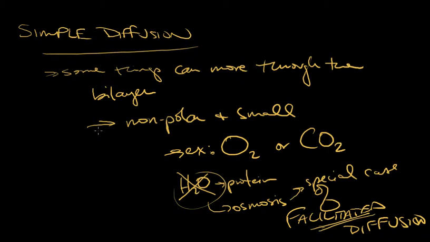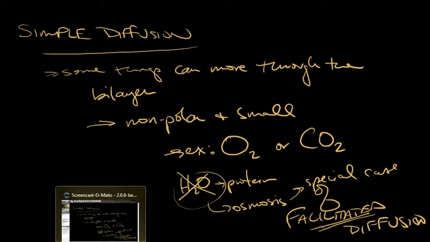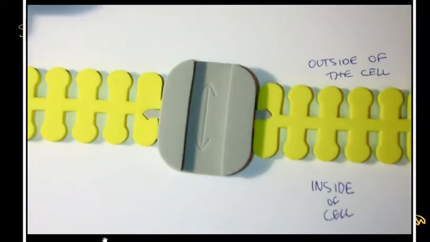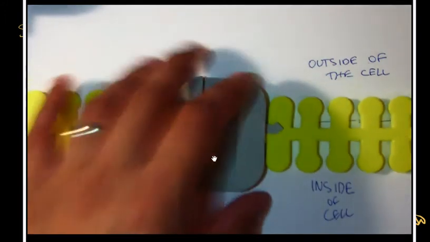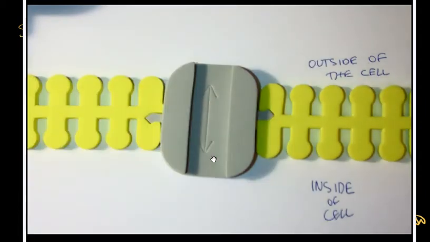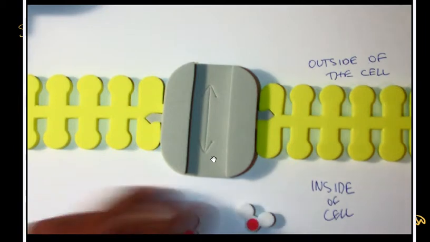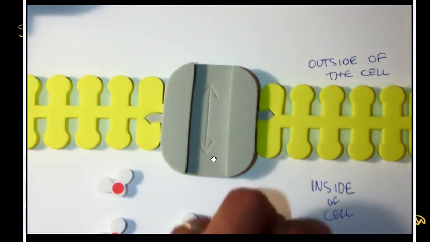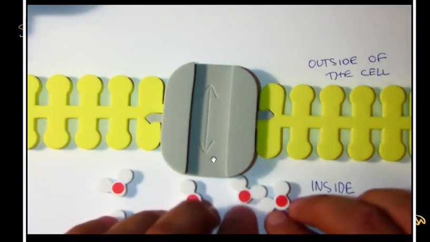Actually, scratch that. I need to go back to the osmosis thing because there's a new idea that I forgot to mention. Maybe it's not a new idea, but it's about hypotonic, hypertonic, and isotonic. So when we have lots of water on one side and it rushes to the other side, let's say I'm going to put a few more water molecules here.